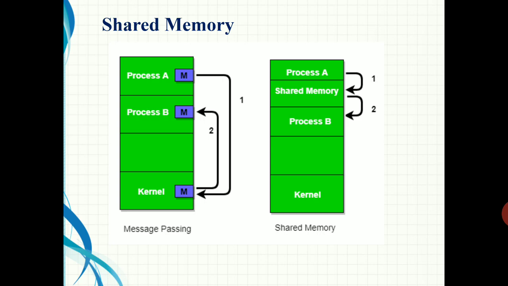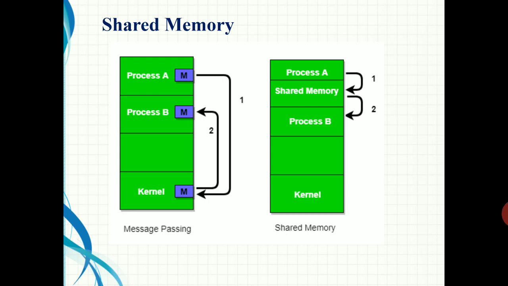In the case of shared memory, the processes need to ensure that they are not writing to the same location simultaneously. That is, it is shared by all the processes in the system. So it must be ensured that more than one process is not writing to the same location.